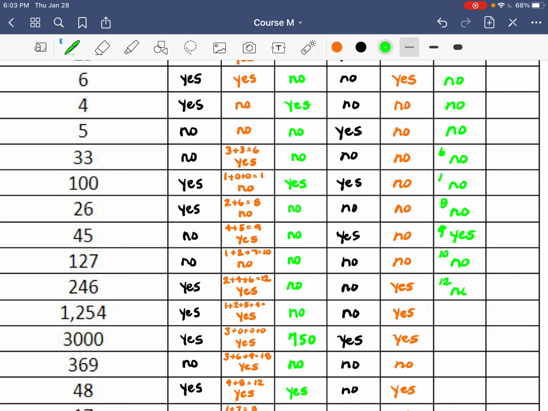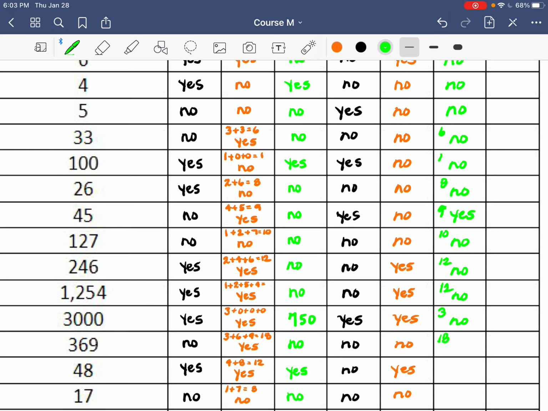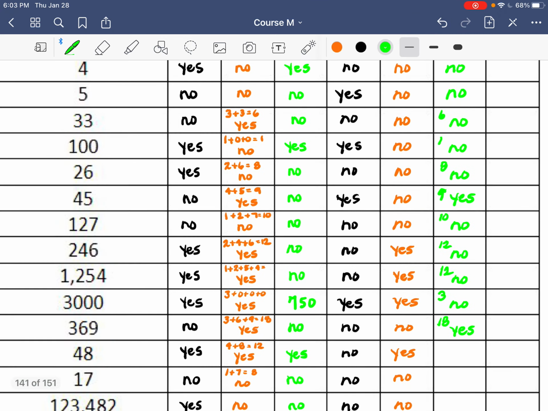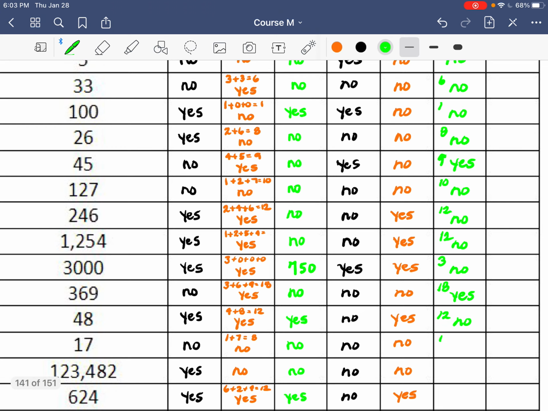That is not divisible by 9. 1254, that's 9, 10, 11, 12, so that's a no. 3000, that would just be a 3, and that's a no. 369 is 18, that is a yes, divisible by 9. And 48 would be a 12, that's a no. 17 is an 8, that is a no.